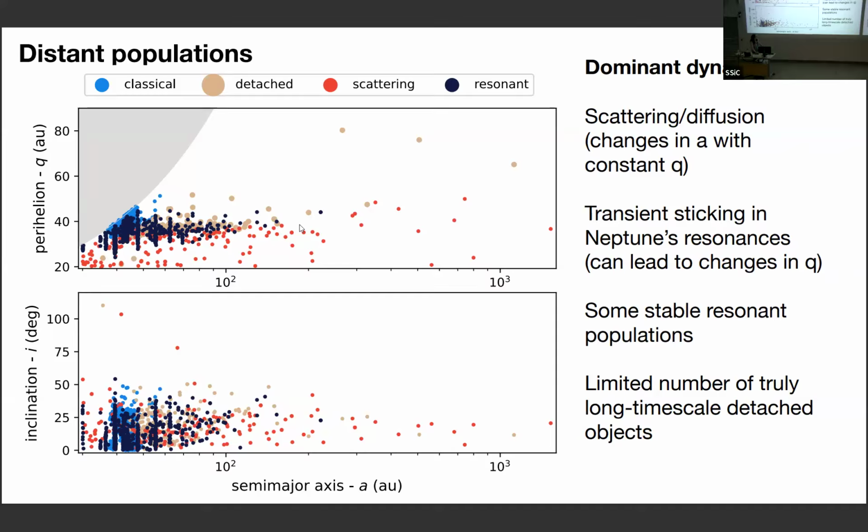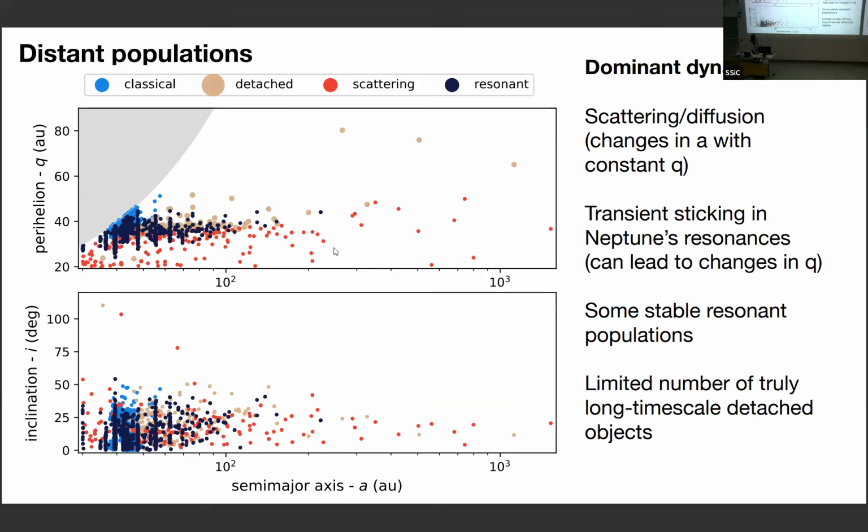As they're doing that, many objects can transiently stick in Neptune's resonances as they are wandering around the scattering and detached populations. And that can cause them to wander up and down in eccentricity and therefore in perihelion distance. There are also some stable resonant populations that are captured during the era of planet migration. And those are very important for testing different models of planet migration.